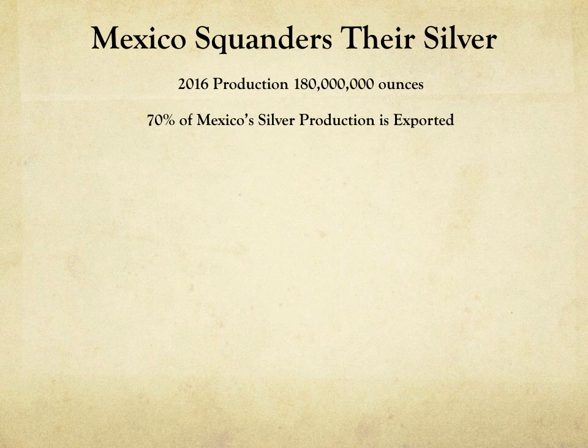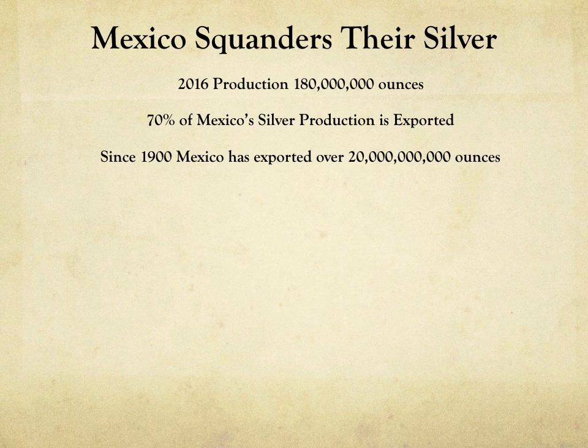They're giving it away to the bankers mainly and to criminals who use it to rig the markets. Since 1900, Mexico has exported over 20 billion ounces of silver. Mexico could be and should be the richest country in the world with their silver holdings, except they've given it all away. Insane. Where is Pancho Villa when they need him?